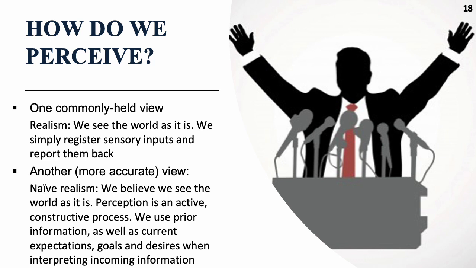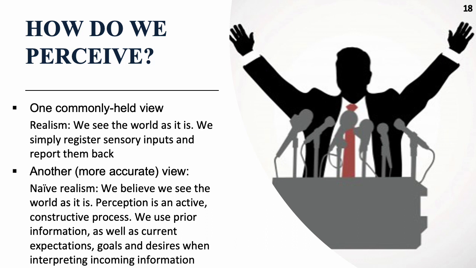We believe we see the world as it is, but remember that perception is an active and somewhat constructive process. So we use prior information as well as our expectations, our goals and desires, and so on and so forth, when interpreting incoming information.